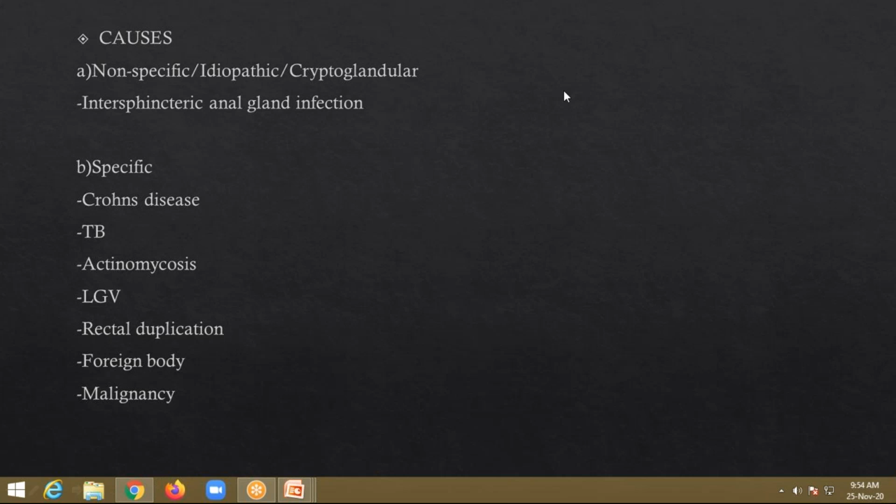The most common in our region, India, is tuberculosis. After that you can go for Crohn's disease, but actinomycosis and lymphogranuloma venereum are very rare. Malignancy and foreign body are also somewhat more common, but only after tuberculosis and Crohn's. So these are the specific causes of fistula in ano.